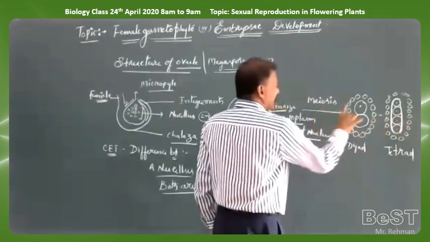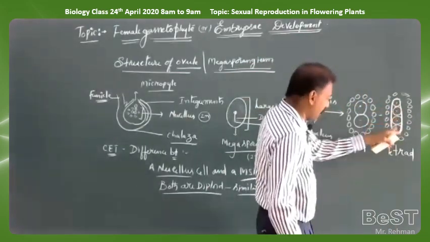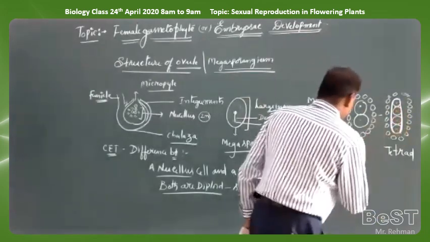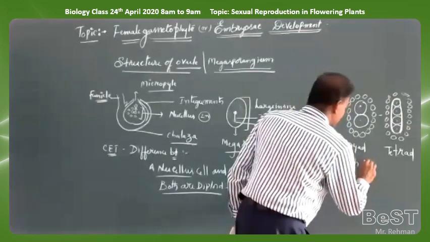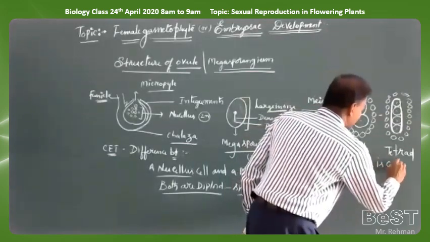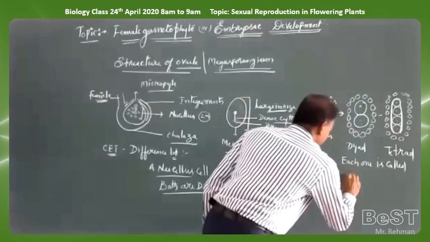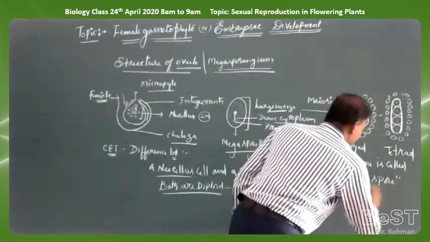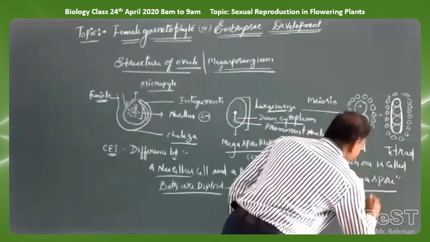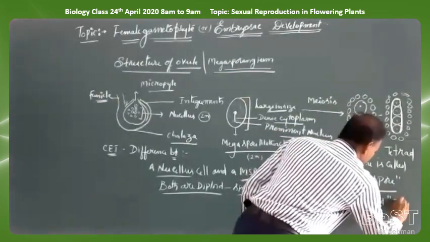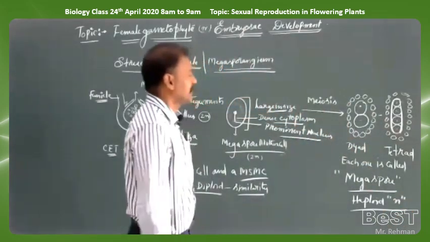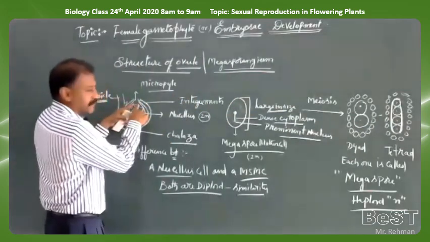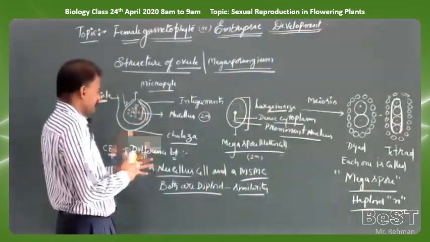So with this, meiosis ends. Each and every one is called a megaspore, which is haploid. And all these are present here in the ovule.